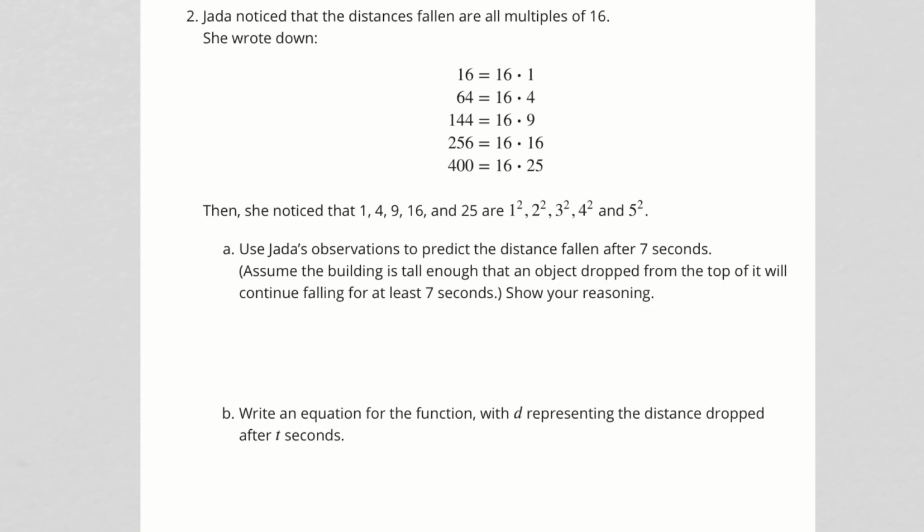She noted that 1, 4, 9, 16, and 25 are 1 squared, 2 squared, 3 squared, 4 squared, and 5 squared. Use Jada's observation to predict the distance fallen after 7 seconds. Assume the building is tall enough that the object will continue falling for at least 7 seconds. Show your reasoning.